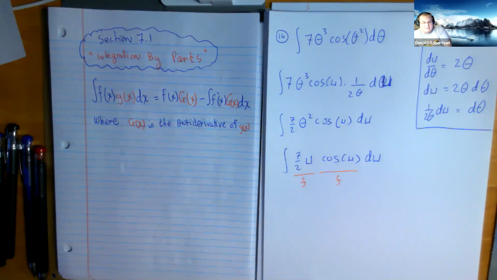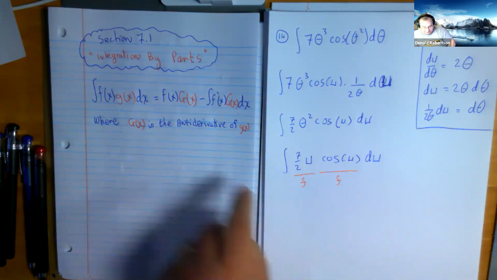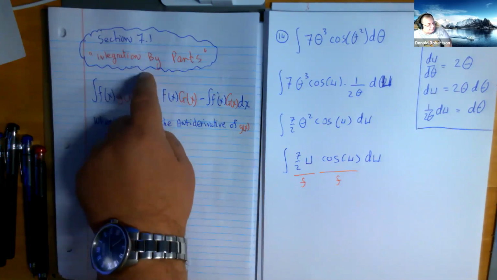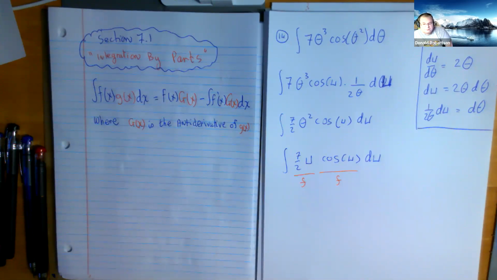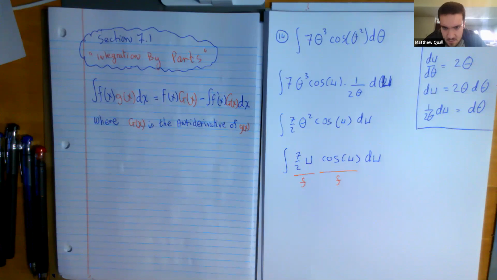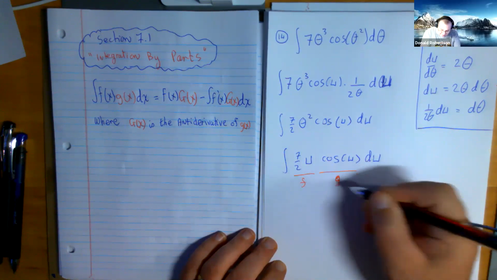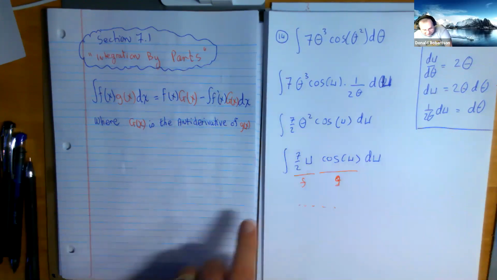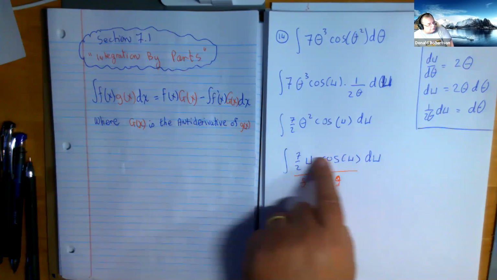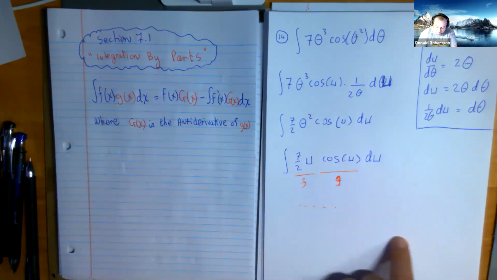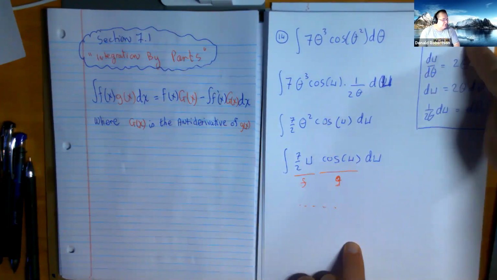Which one should be F so we can use integration by parts? 7 halves u. Okay, that's the right one. And dot, dot, dot, dot. And when you're finished, won't you have an answer with a whole load of u's in it? Turn all the u's into theta squareds, and you're finished.